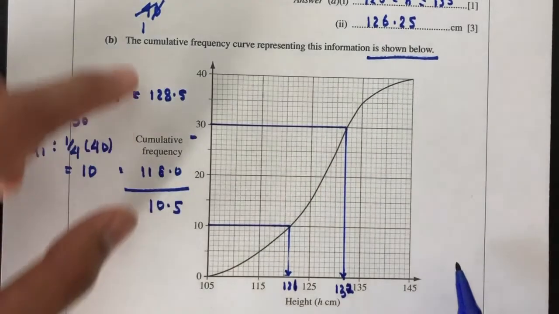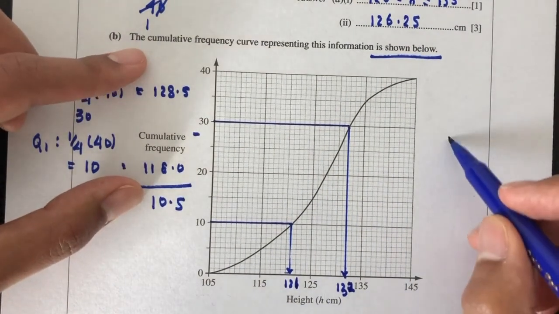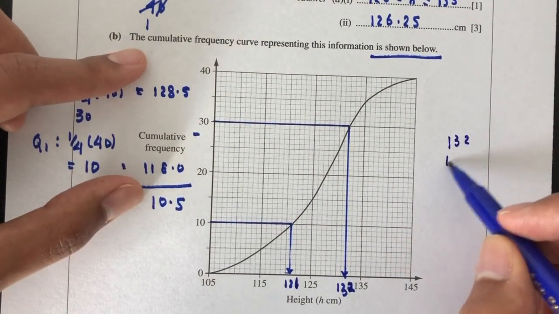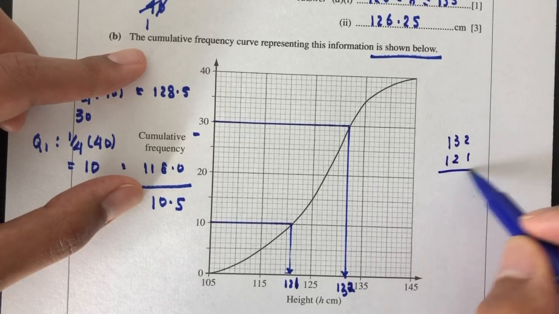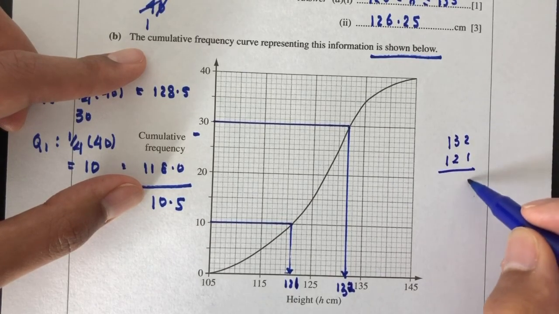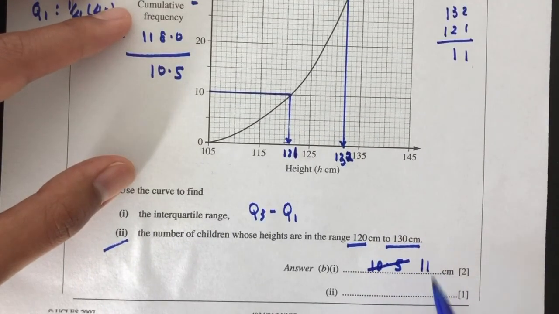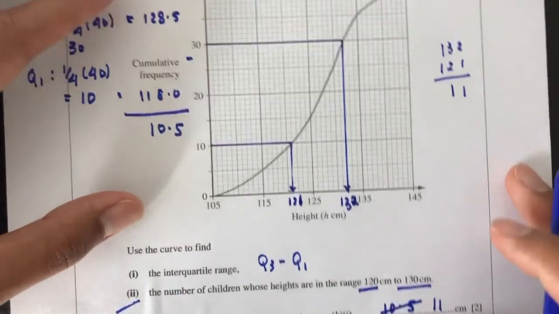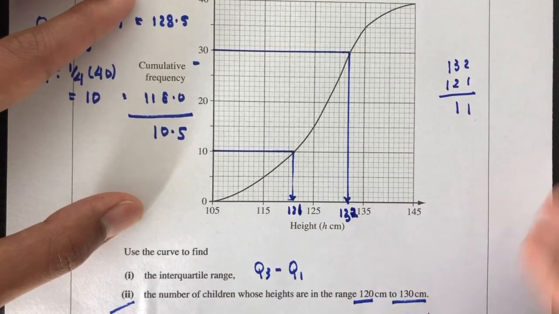So my range is not good here. Let me write this down again. It should be 132 minus 121. That will give me 11. So my range should be 11 centimeters. It's just my mistake, I did not read this properly.